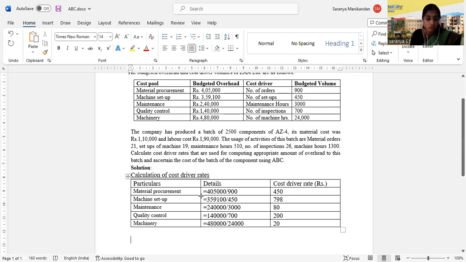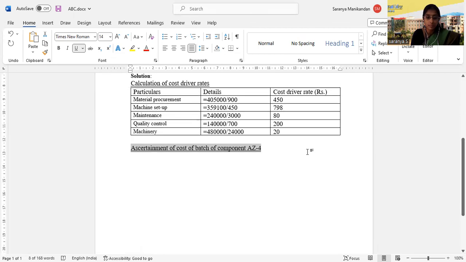Now next we have to ascertain the cost of the batch of component. Which component? AZ4. That is our component. How much are we producing? A batch of 2,500. So this is our next calculation. We will make the columns ready first.